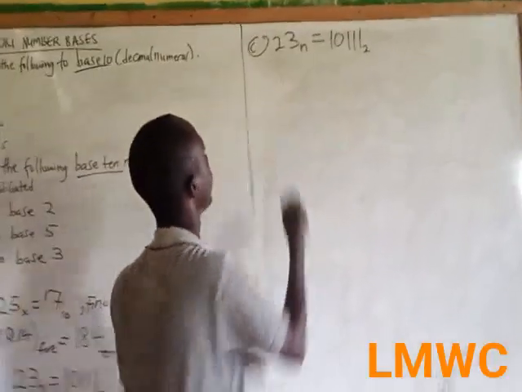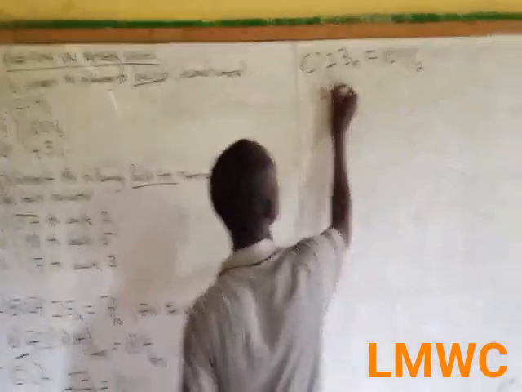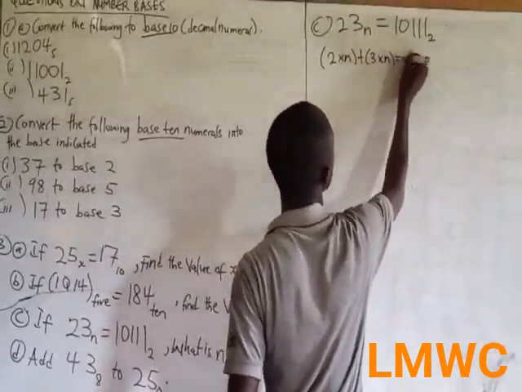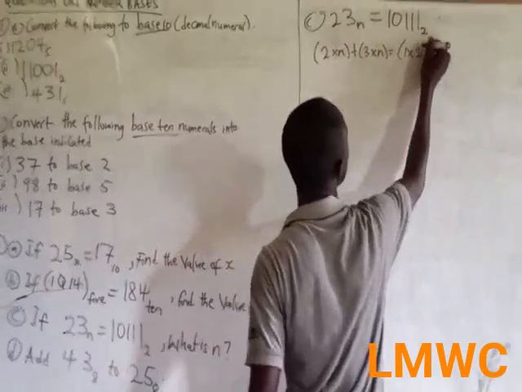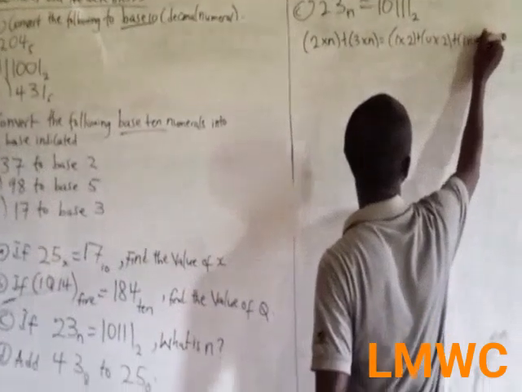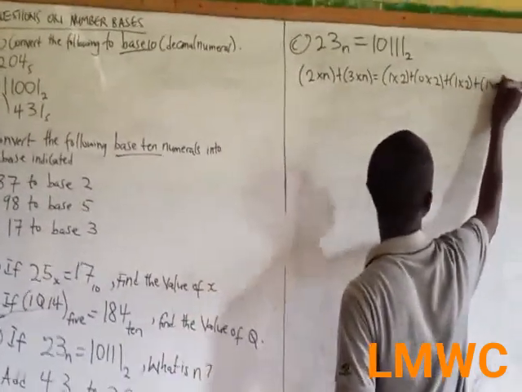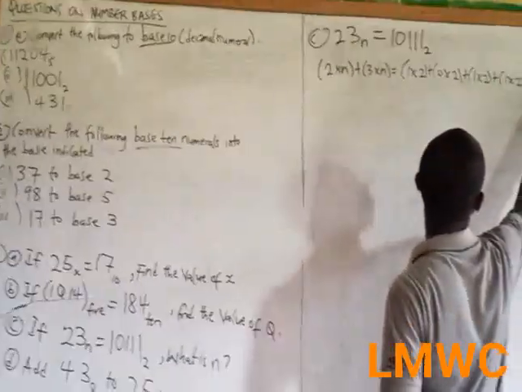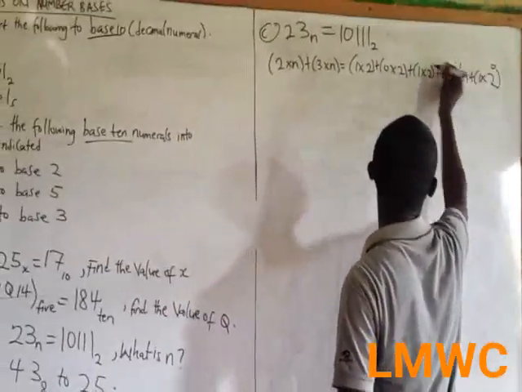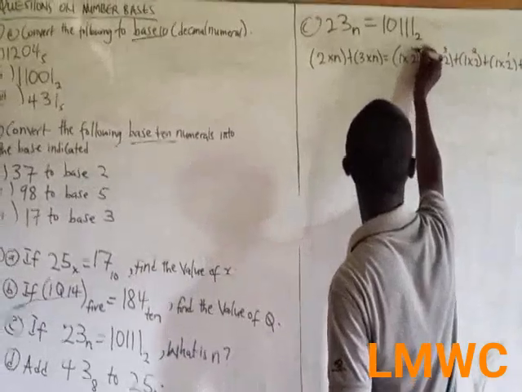So see, we have 2 times n plus 3 times n equal to 1 times 2 plus 0 times 2 plus 1 times 2 plus 1 times 2 plus 1 times 2. So you start naming the powers 0, 1, 2, 3, 4.